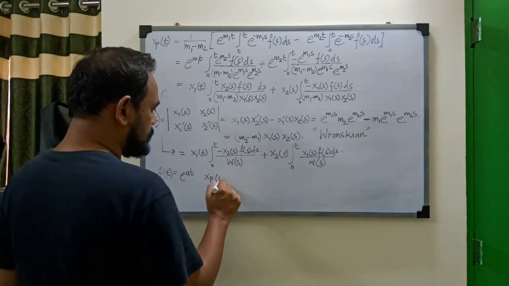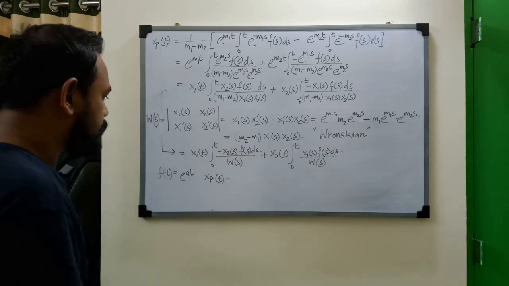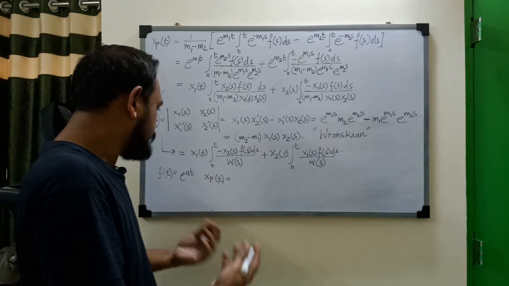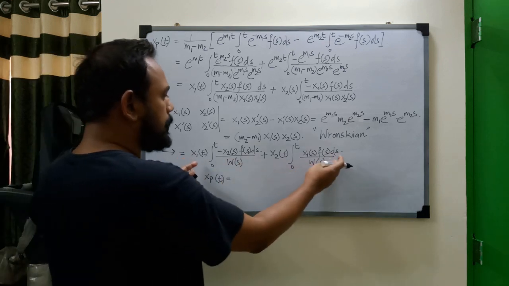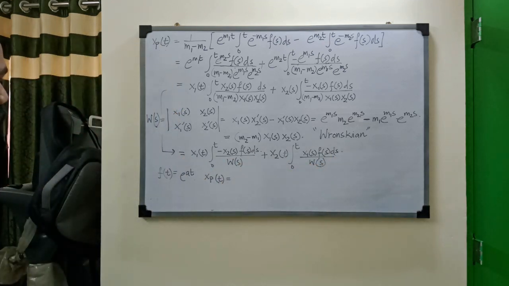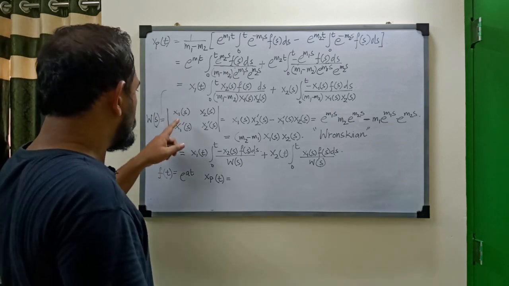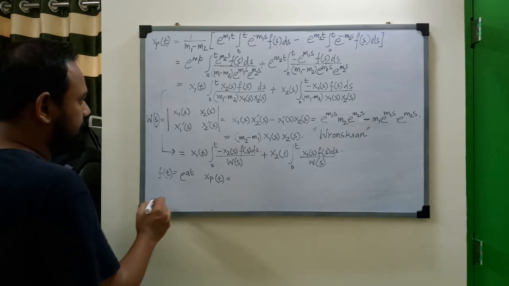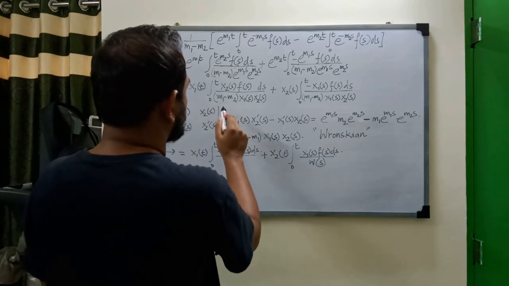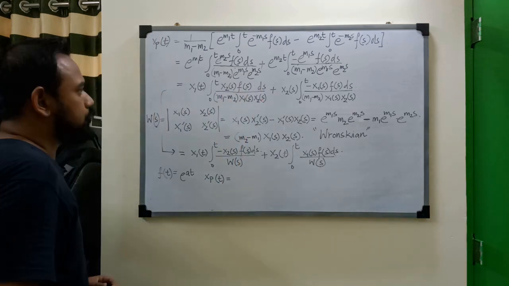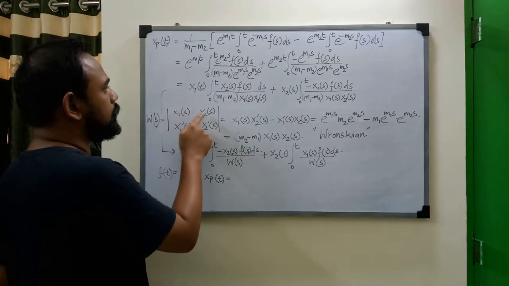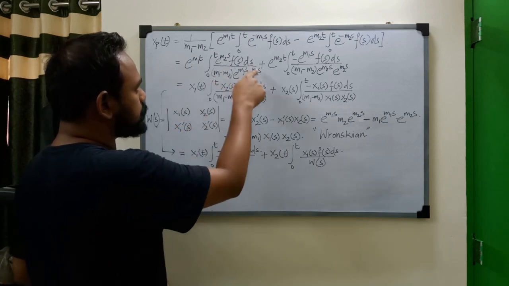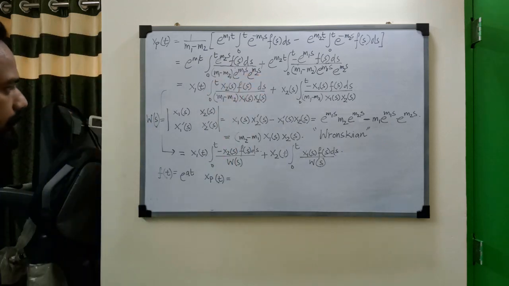Instead of finding this by our rules or the method of undetermined coefficients, you can simply apply this formula here. What would be the Wronskian? Well, the Wronskian would be this one, because your x1 and x2 were e to the power m1 s and e to the power m2 s. So this was the Wronskian, and you can see that.